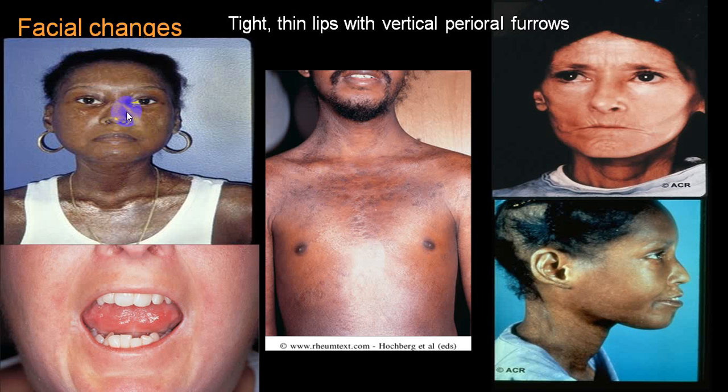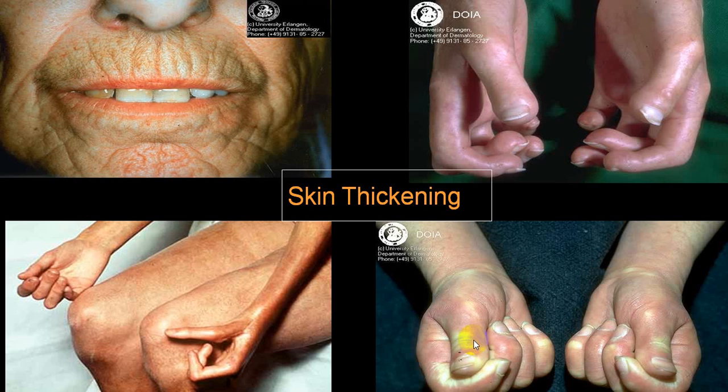Facial changes, you can see typical facial changes. You can see thickening of the lips. This is involvement of the chest as well as the neck region. Typical, you can see typical fibrosis. Again, typical nose. These are facial changes. Very classical changes: skin thickening, sclerodactyly.